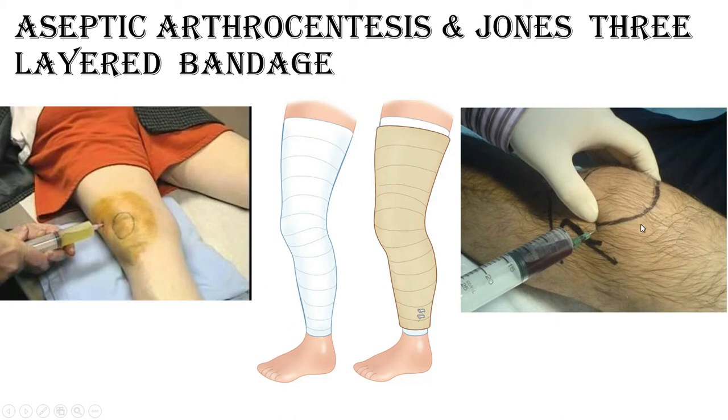You have to know after this effusion drainage you must put a 3-layer cotton and roller bandage, and a crepe bandage is very good. This is called Robert Jones bandage to prevent the re-effusion. Okay, and you allow the patient ankle pumps, otherwise that can cause swelling.